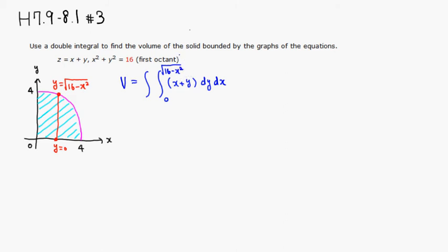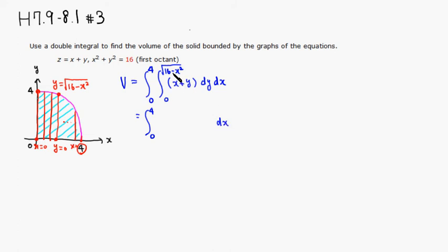Then to cover the entire region, we start from x equals 0 and go all the way up to x equals 4. So the integral here, x goes from 0 to 4. We just need to evaluate this. I'm going to leave the outer integral as it is for now.